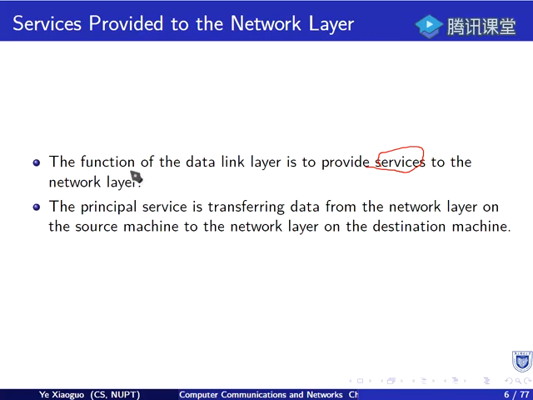So that is the function of the data link layer: to provide services to the network layer. The principal service is transferring data from the network layer on the source machine to the network layer on the destination machine.